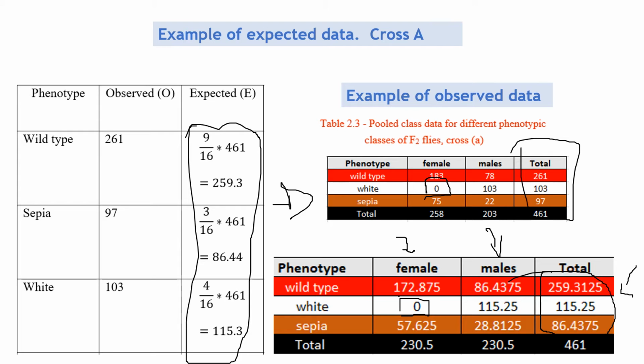And for wild type males, I also got 172, and I was expected to observe 172, and I can see that I got 183. Okay, so although we're going to calculate the chi-square only with these values, this information can be useful if I want to make a chi-square not with totals, but with the females, by gender specifically. Okay, so let's continue.